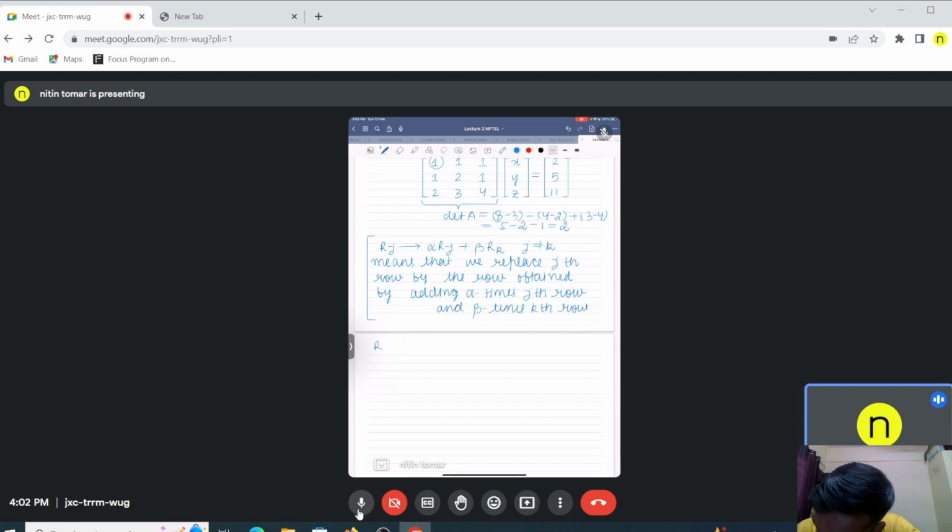So as you are saying, we should have R2 goes to R2 minus R1 and R3 should go to R3 minus 2R1, correct? Yes. So this will be 1, 1, 1, then 0, 1, 0, then 0, 1, 2.